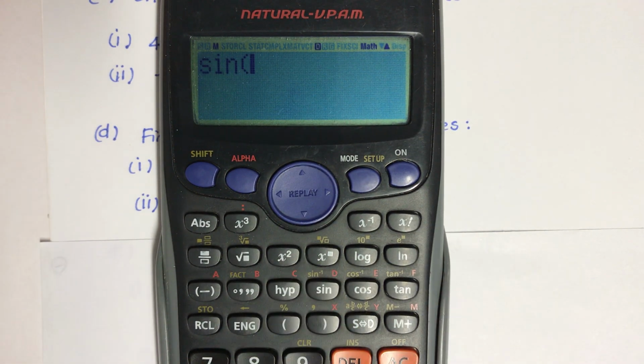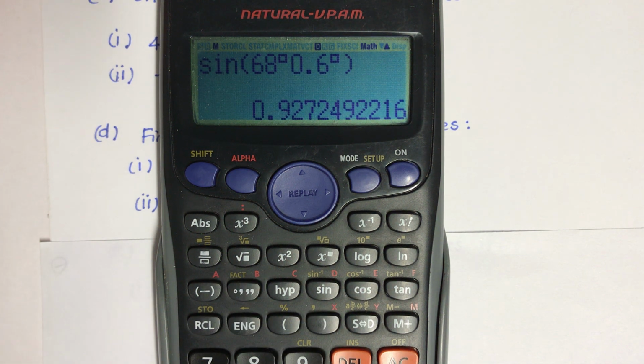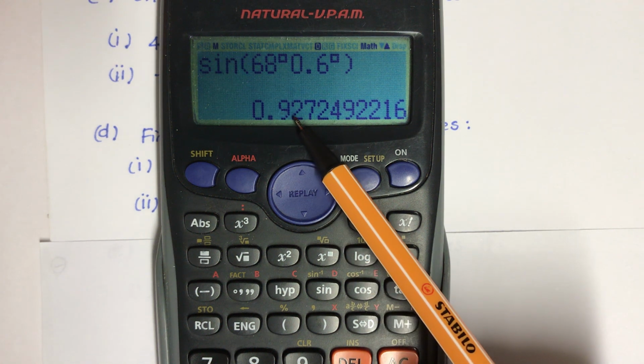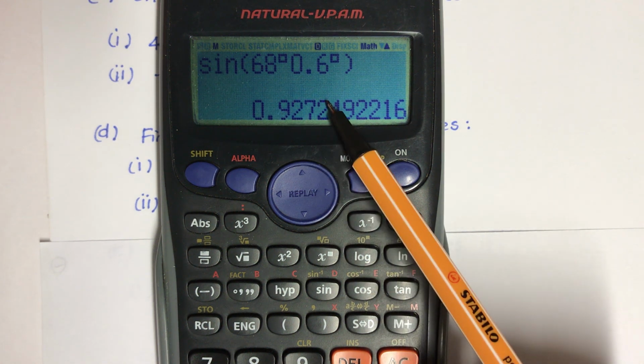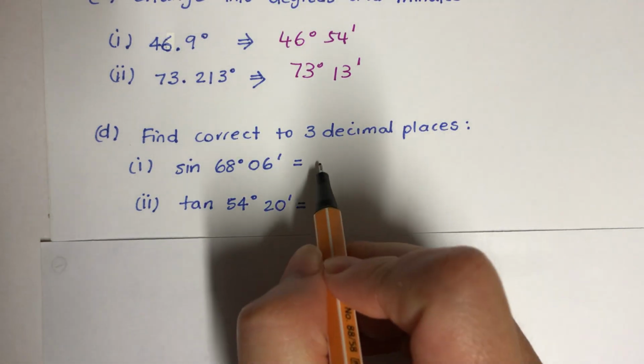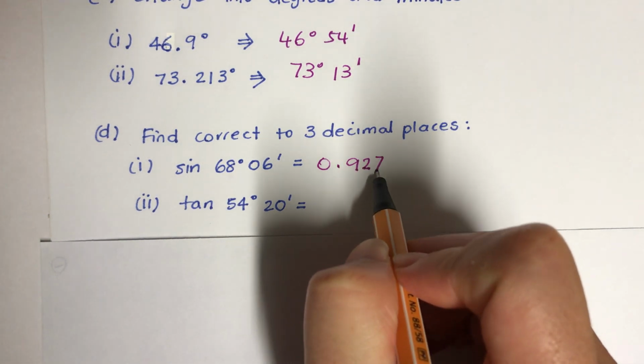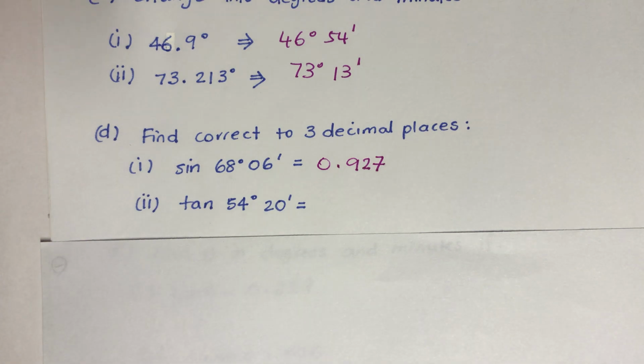So sine, it was 68 degrees and 6 minutes, close the brackets, equals, gives me 0.9272... So it says 3 decimal places, so I'm going to go 0.927, because 2 we don't really have to worry about because it has to be 5 or more than 5. So my answer here will be 0.927. Okay.